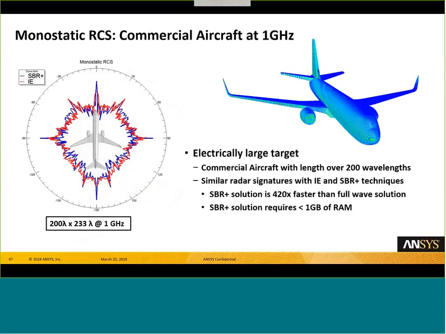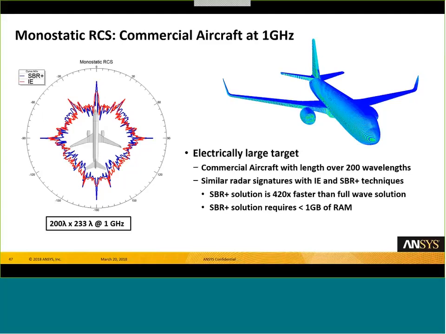As we move up in electrical size, the disparity between the integral equation solution and the SPR plus solution really starts to diminish. And this is a good example of that. At 1 gigahertz, it's not a really super high frequency, but the object itself, this passenger aircraft, is 200 wavelengths or more at that frequency.